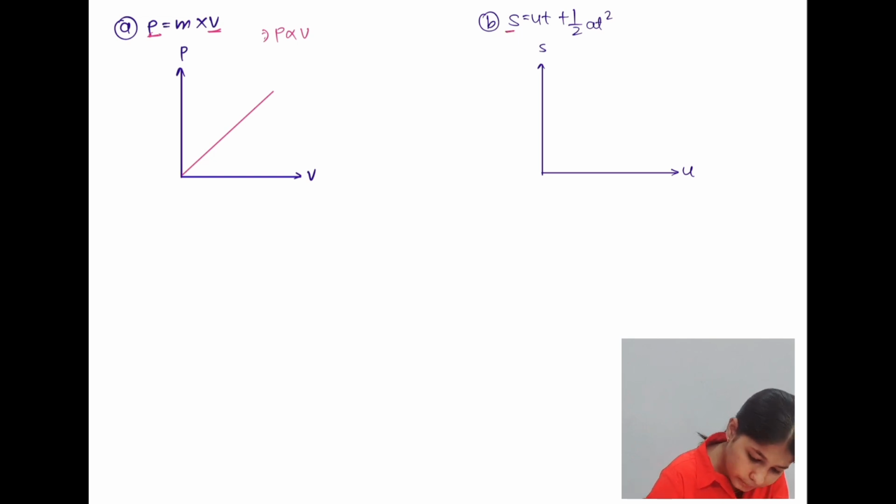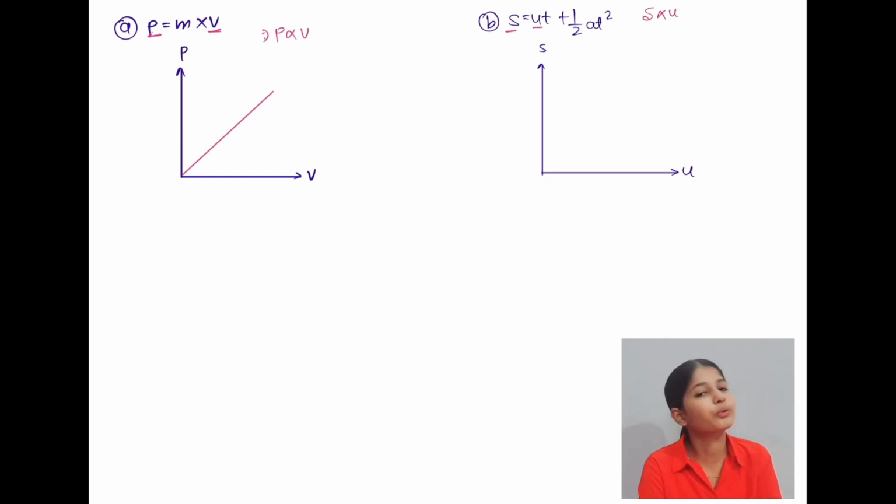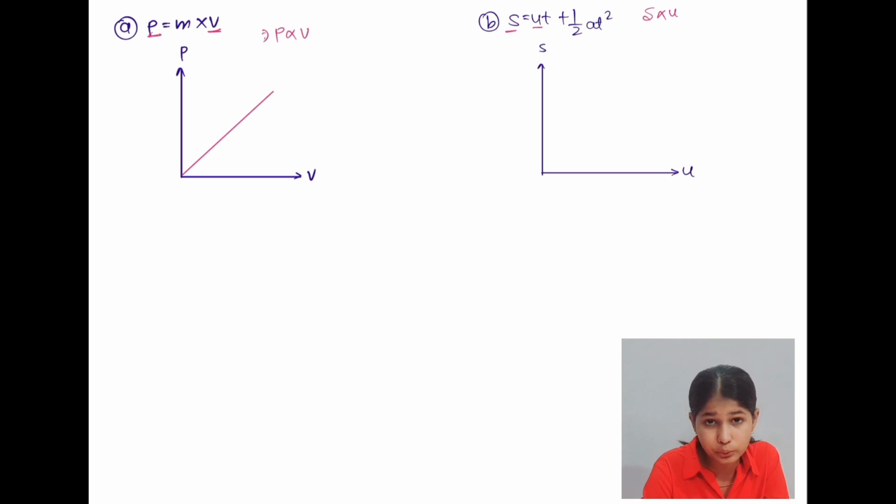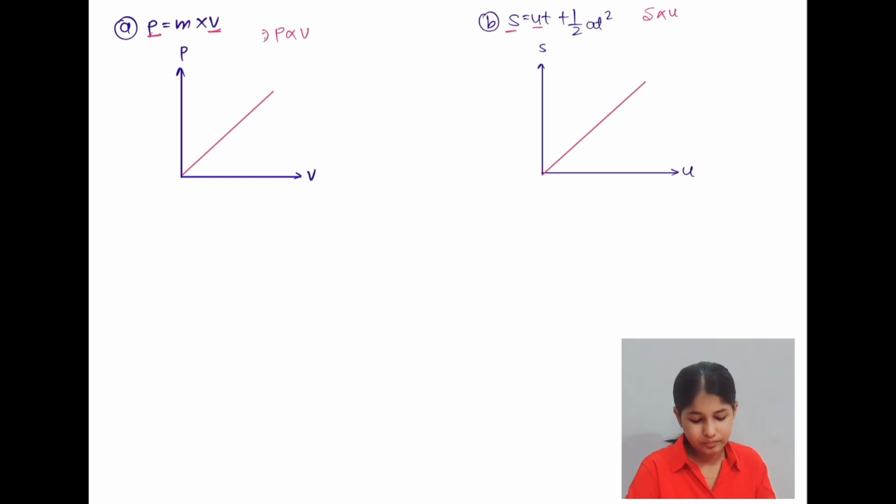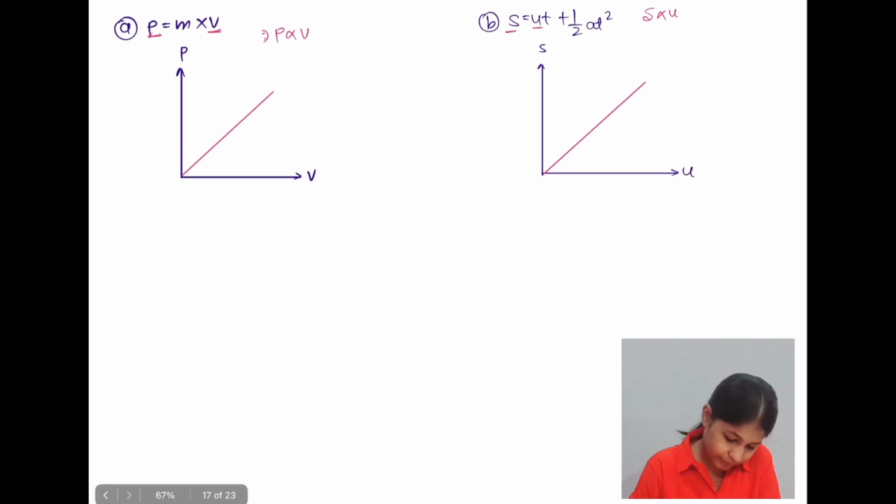Again, you can observe here that this is S, this is U, because there is an equal sign. Can I say that S is also directly proportional to U? Yes, of course. So can we draw it like this? Yes. So this is a very easy question.